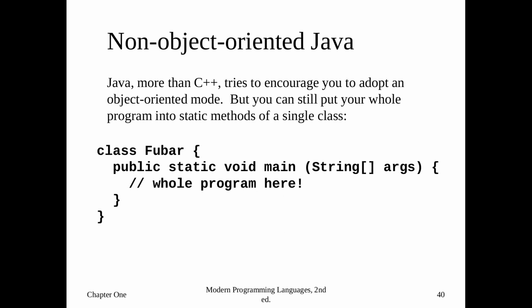Same with non-object-oriented Java. Java, more than C++, as it says here, encourages people to adopt the object-oriented mode. Everything you do is defined as a part of a class. Even here, if we want to do non-object-oriented Java, you can define it as part of a class. Now, this does not apply to Java 9. Java 9 actually has the capability to write a script in it.